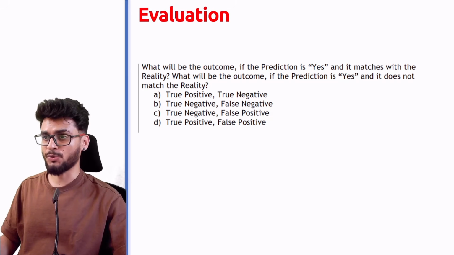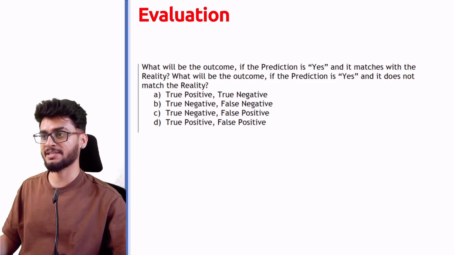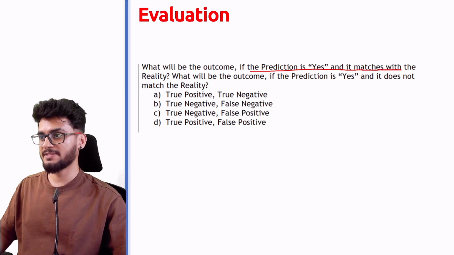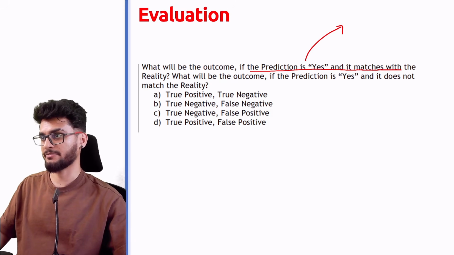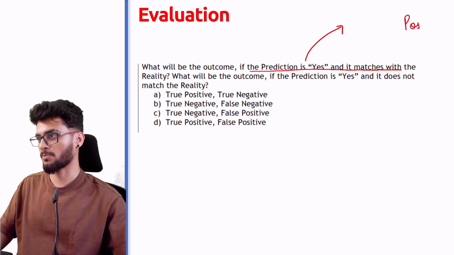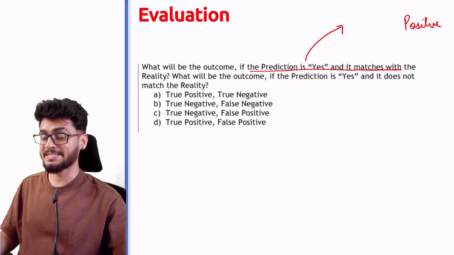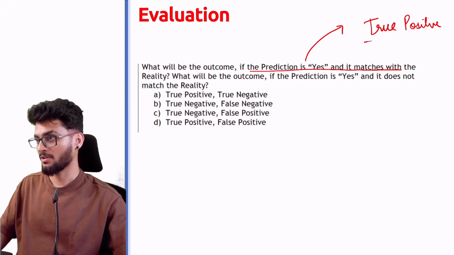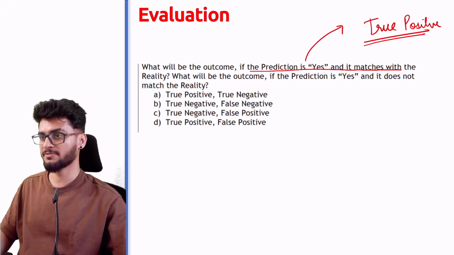What will be the outcome if the prediction is yes and it matches with the reality? So first of all, let's try to solve this. If we say that prediction is yes, we say it is positive. And it is also matching with the reality. It means it is true, which means the first part is true positive.